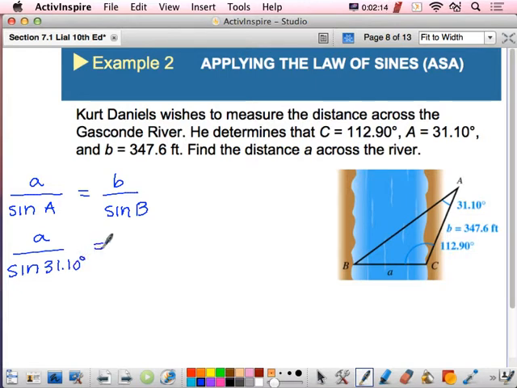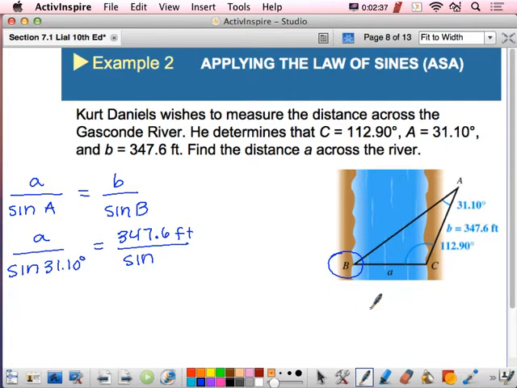And that has to equal little b, which I was also given, 347.6 feet, over sine of capital B. So here's where I'm in trouble. In order to complete this, I need to know capital B. Is there an easy way to find capital B? Yes. How could I do that? You subtract the 31.10 and the 112.90 from 180 degrees.